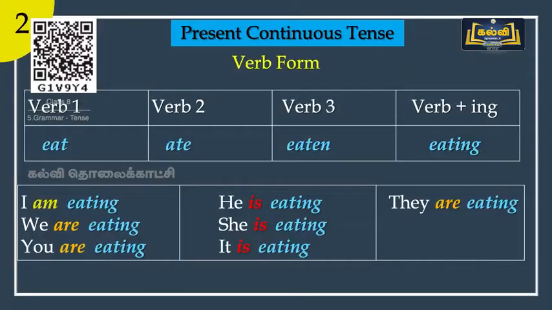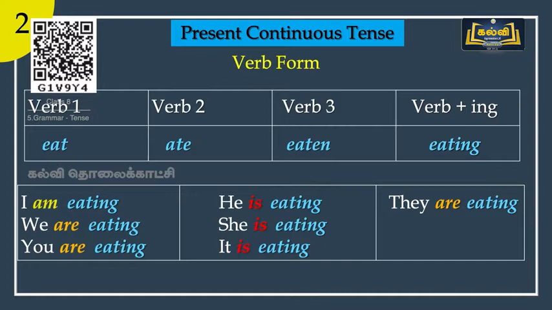But there is a catch. We should also add an auxiliary verb before the main verb. I mean, before the verb plus ing. What are they? I am, we are, you are, he is, she is, it is, they are.